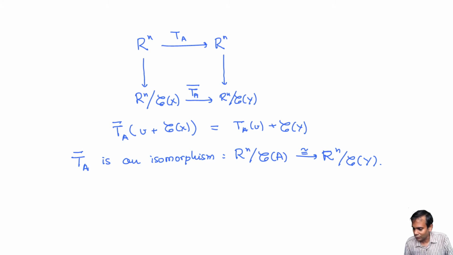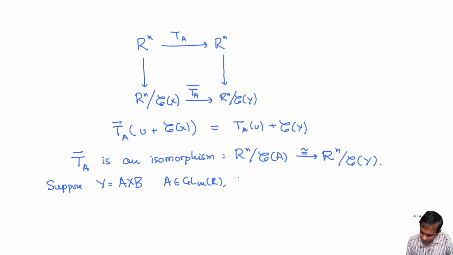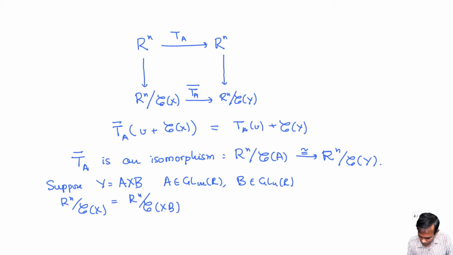I'll let you check that yourself. Now we are ready for the general thing. Suppose that Y is AXB, where A is in GL_m(R) and B is in GL_n(R). Then R^m mod the column space of X is the same as R^m mod the column space of X times B, but that's isomorphic.